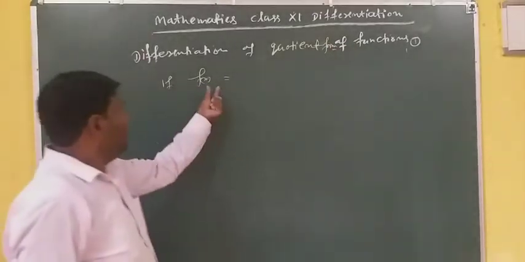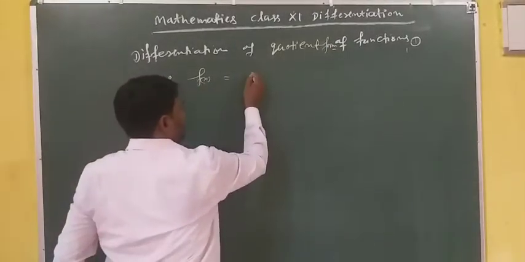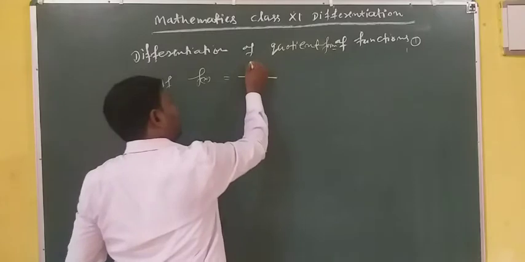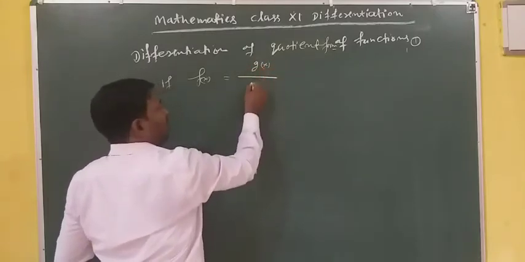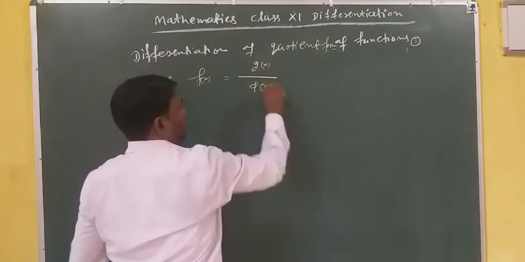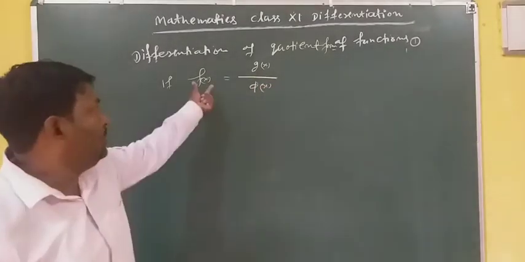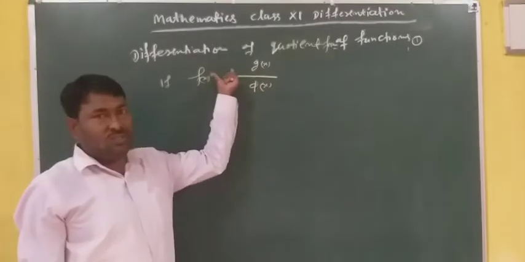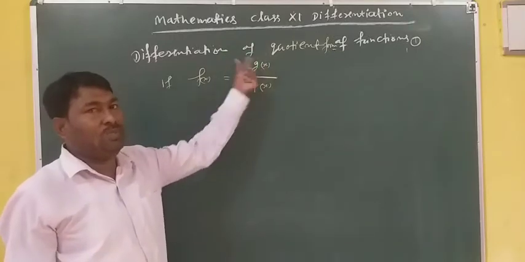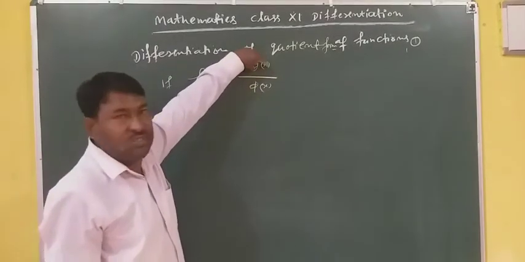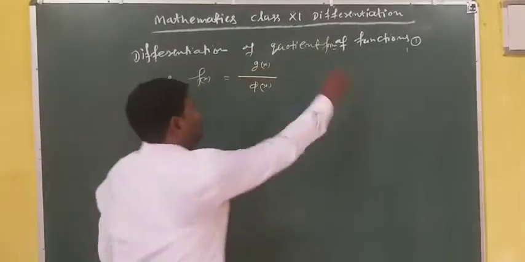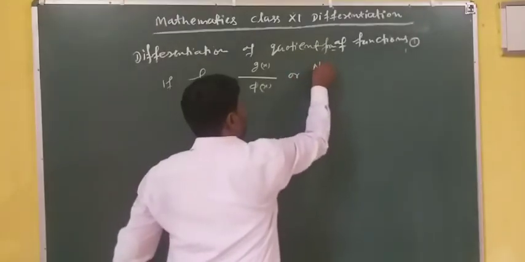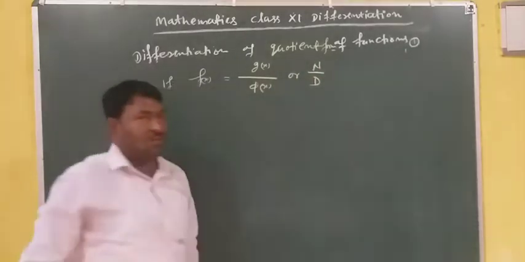If f(x) is in fraction form, suppose here g(x) is a function and here phi(x) is another function. So the function is in quotient form, that is, one function is in the numerator and another function is in the denominator. You can consider it as numerator upon denominator form.